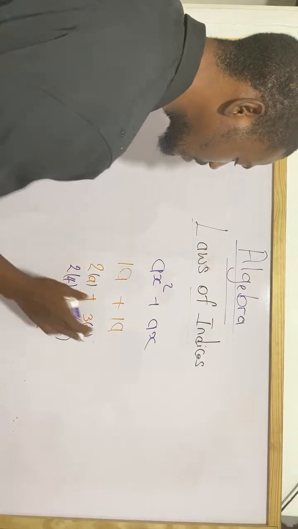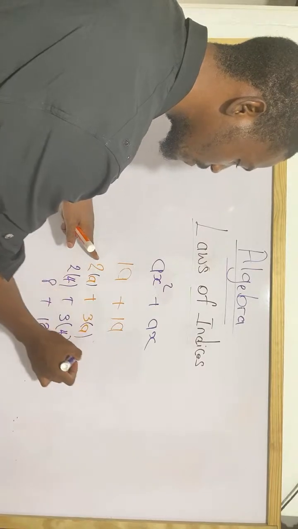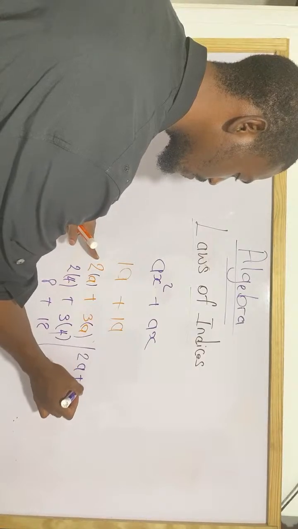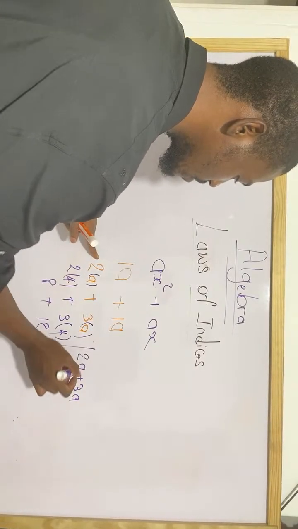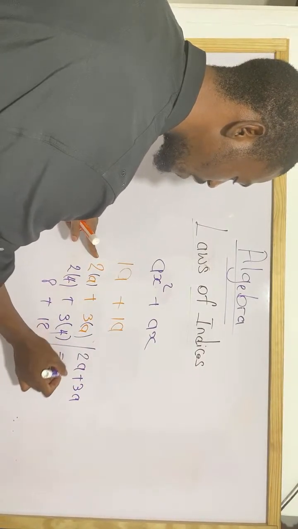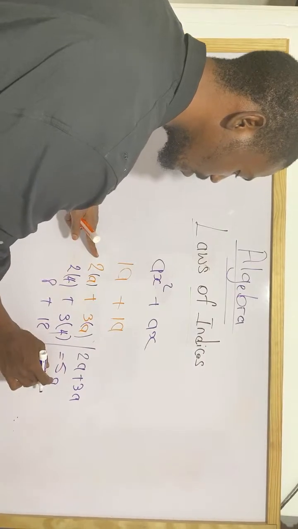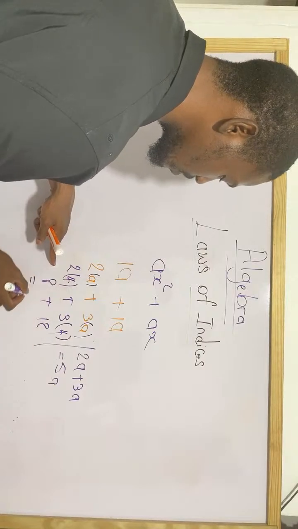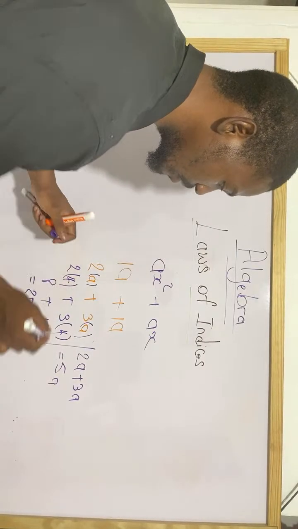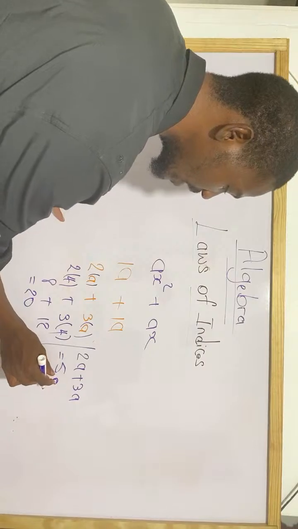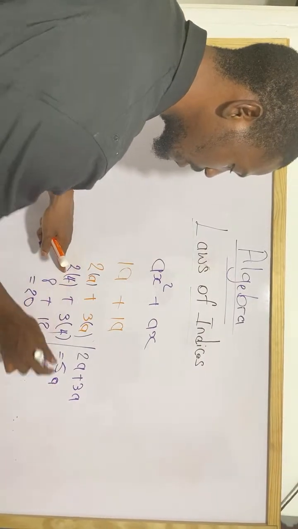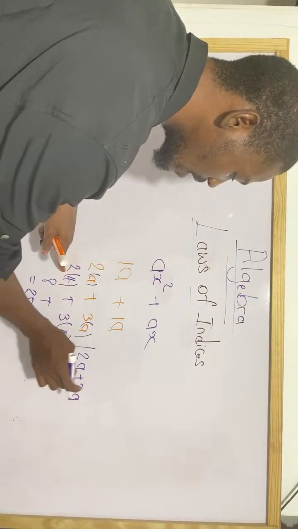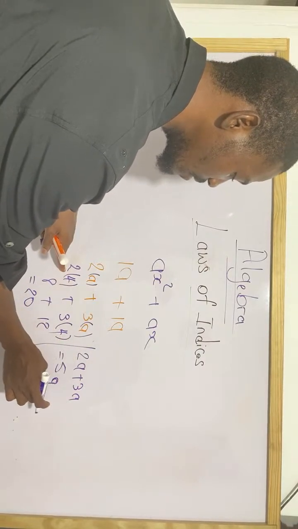Now look at what we had there. Where we have the 2a, we said that 2a plus 3a gives us 2 plus 3 is 5, and all that we did was to rewrite the variable. Now here's how this works. 8 plus 12 equals 20. Now look at the beauty of this. If we said that a is 4, and 2a plus 3a, all I did was add the coefficients and rewrite the variable.